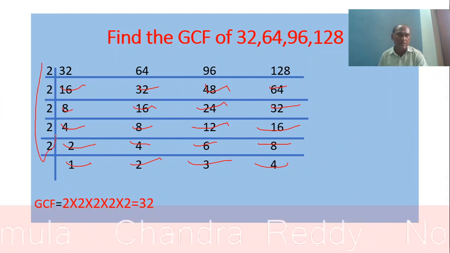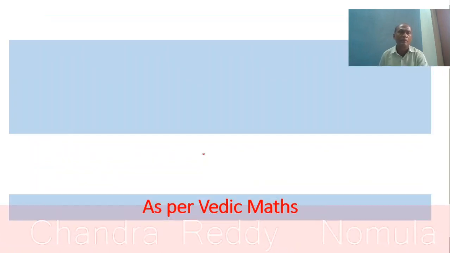This is called GCF. How many twos there? 5 twos: 2 into 2 into 2 into 2 into 2. That is equal 32. Therefore, 32, 64, 96, 128 GCF 32.